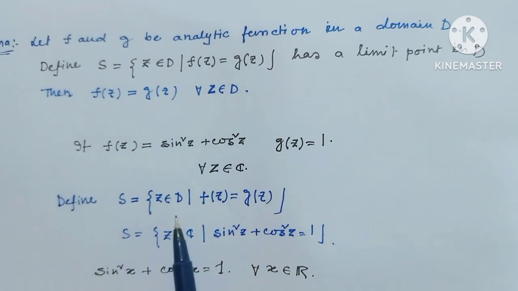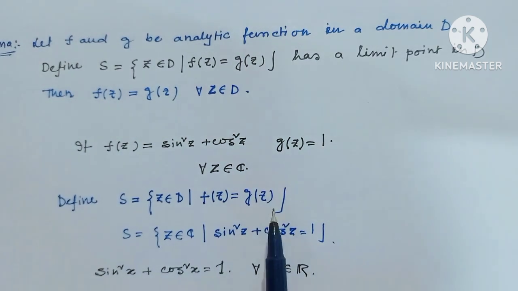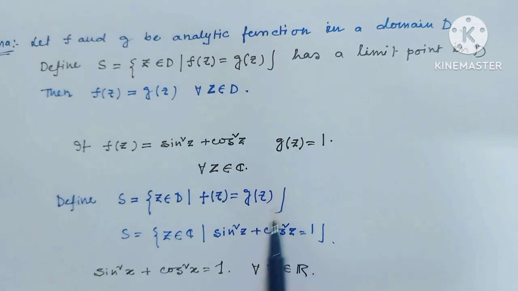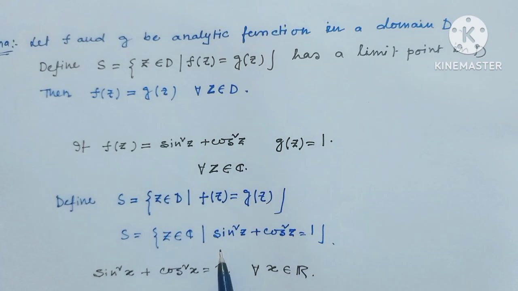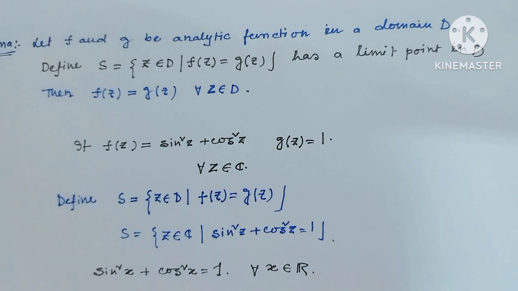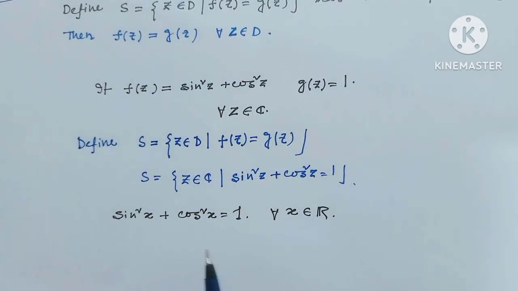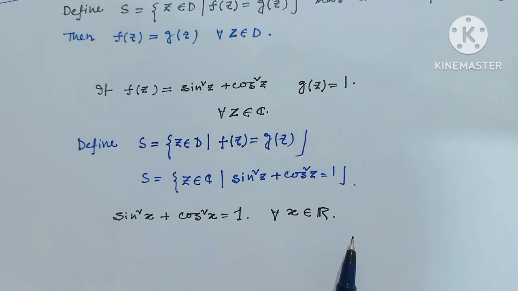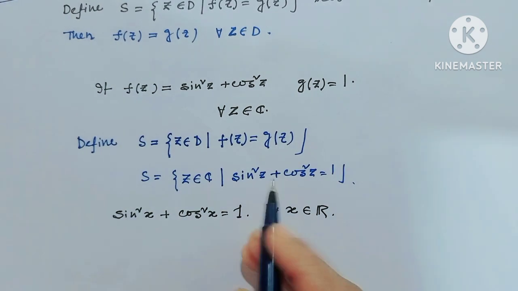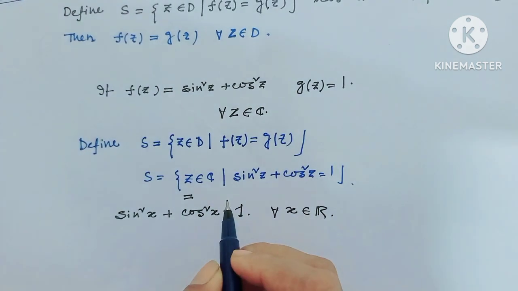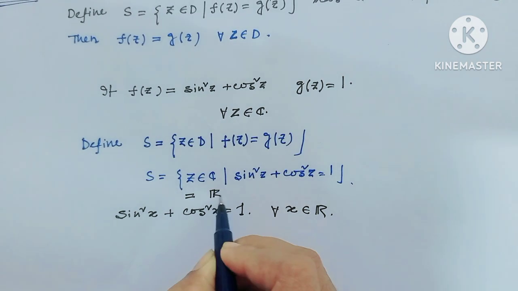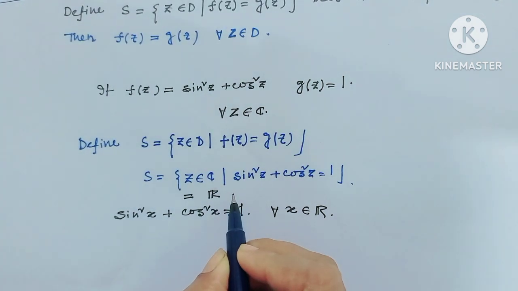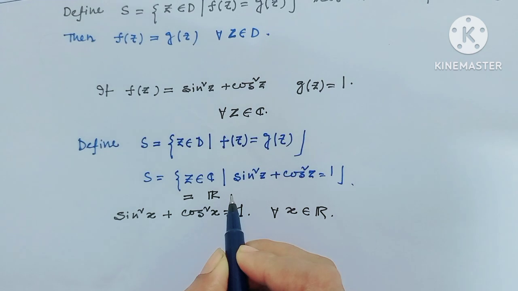So define S equal to z belongs to D such that f(z) equal to g(z). That means S equal to z belongs to C such that sin squared z plus cos squared z equal to 1. And we all know sin square x plus cos square x equal to 1 is true for all x belongs to R. Therefore S contains R, and every point of R is a limit point.